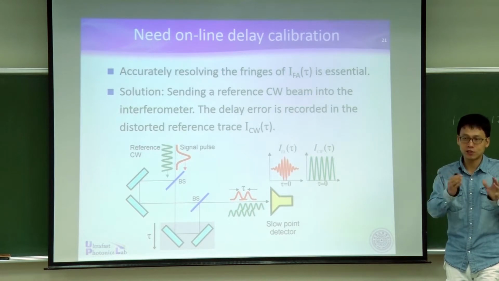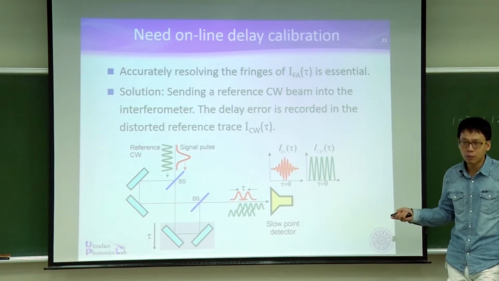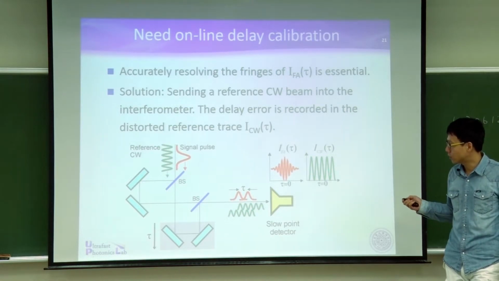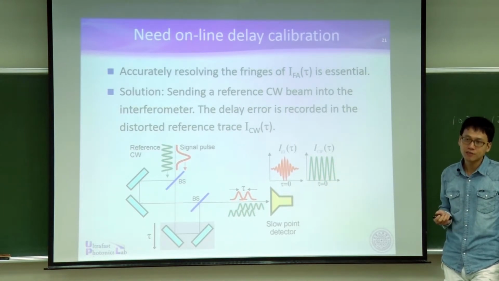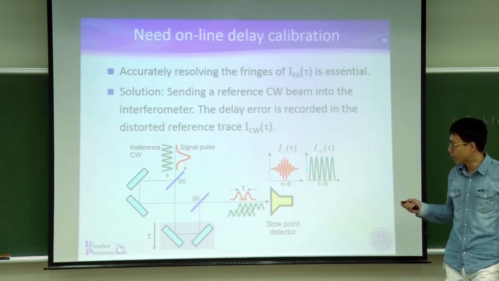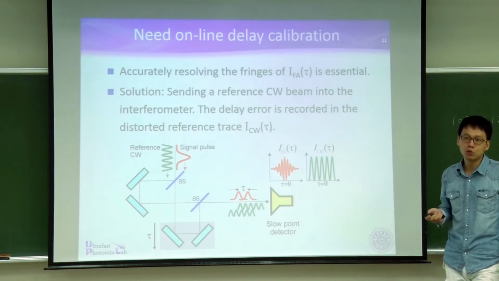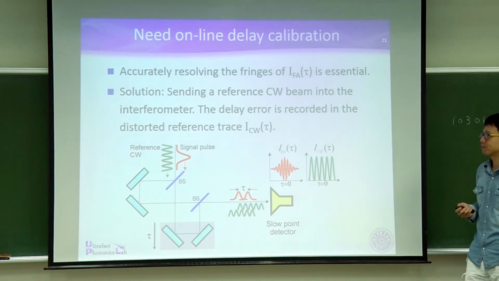So fringe density will change with delay. Then you know something is wrong about the scanning. And you can quantitatively correct the error by analyzing the green fringe. Then using the corrected delays, you can correct the red fringes of your data trace. So that's one of the possibilities.